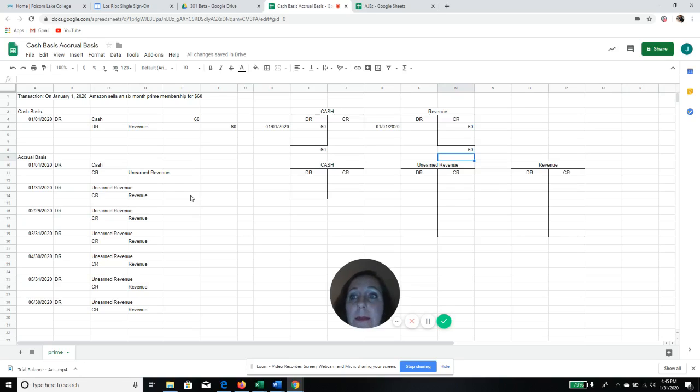So under accrual basis of accounting, we need to recognize revenue as we deliver the services. In this case, once a month we'll recognize revenue.